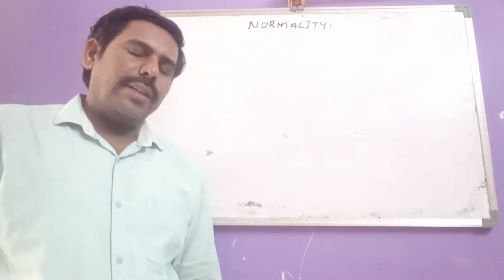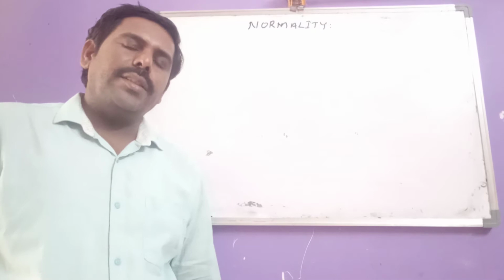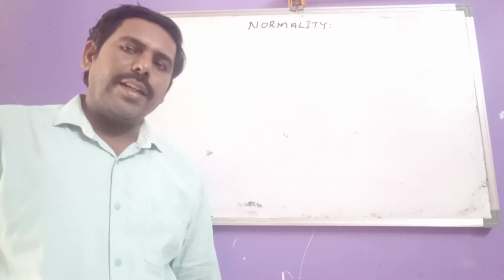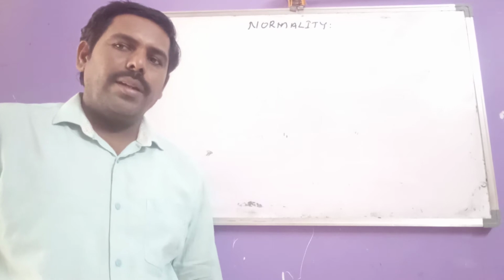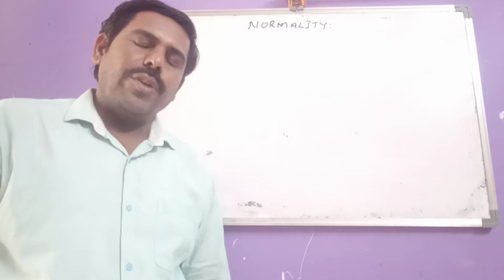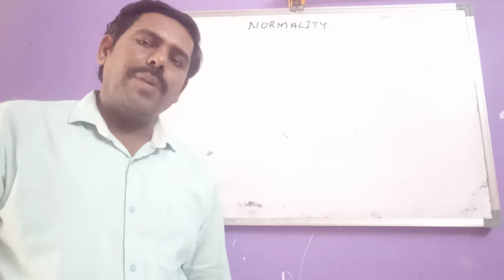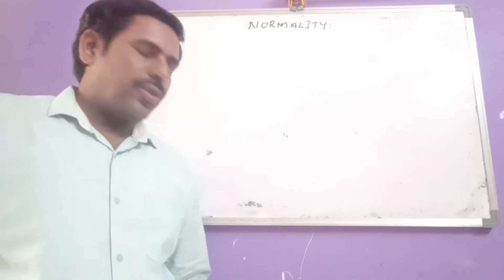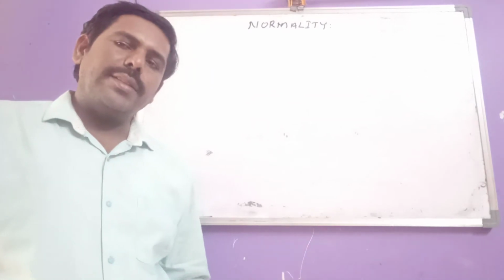Now in this video we have to discuss the neutralization formula, the relation between normality and molarity, and another one: when the question gives data related to percentage W by V, density and specific gravity, how to solve the normality question. So in this video we have to discuss those things.